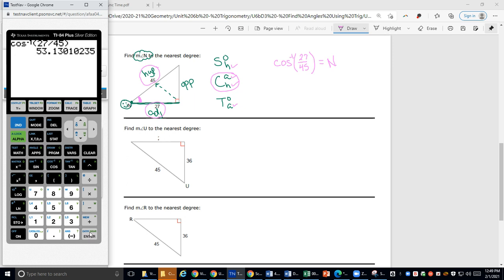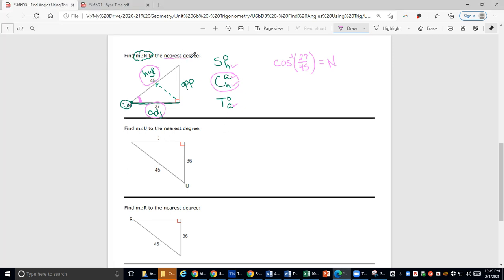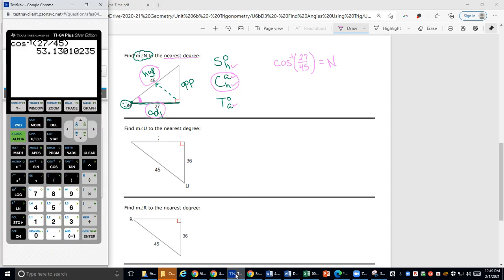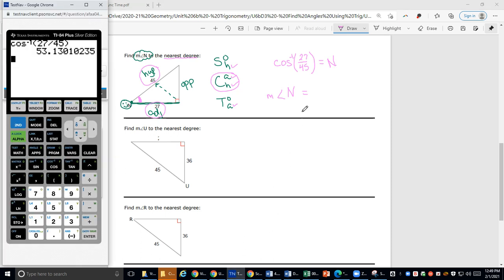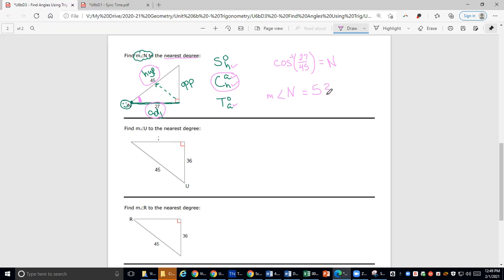When I hit enter, I get 53.130100325. And we want the nearest degree, so we're looking for the whole number, which is going to give us 53 degrees. So the measure of angle N equals 53 degrees. And it's an angle, so I'm going to say degrees.